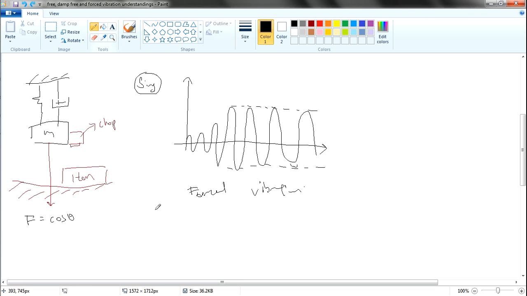Momentum is p equals mass times velocity. Initially the velocity may be very slow, because you want to pull this down the first time. Then eventually when the velocity starts to increase, the momentum goes up. So these points are the x position, this is the distance x, if you remember.